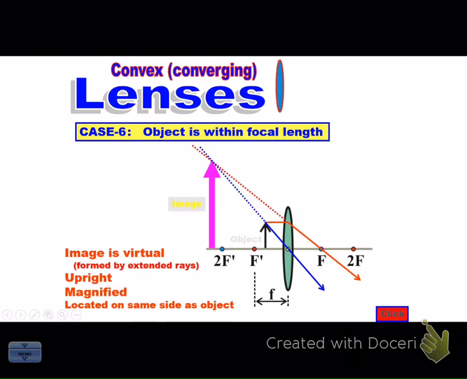So again, that's when you put an object very close to a converging lens. I think you're most familiar with this phenomenon with this thing called a magnifying glass. And that's how we need to put a magnifying glass really close to the object that we're trying to magnify.